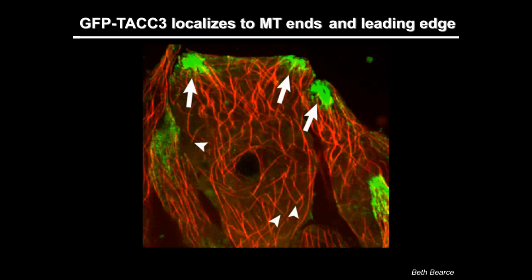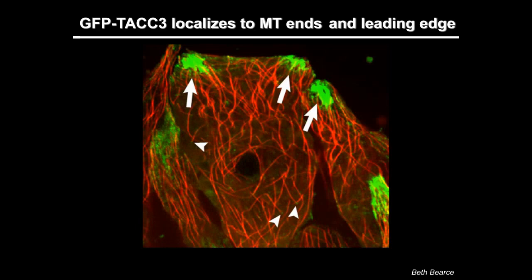Now, we since have come to the conclusion that this localization might be partially an artifact due to exogenous expression. However, it led us in the direction of looking at neural crest cells and how TACC3 might be playing a role in their migration.